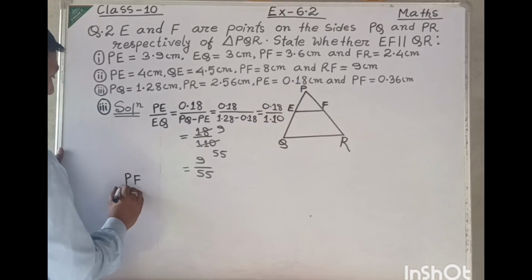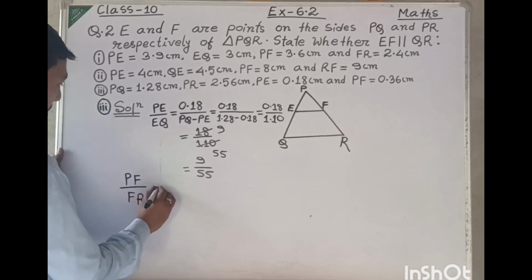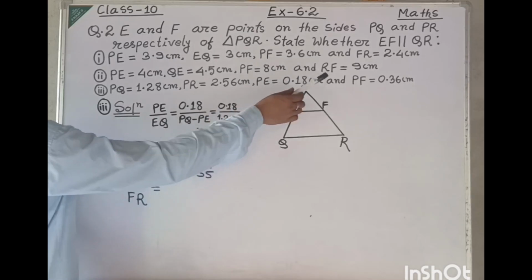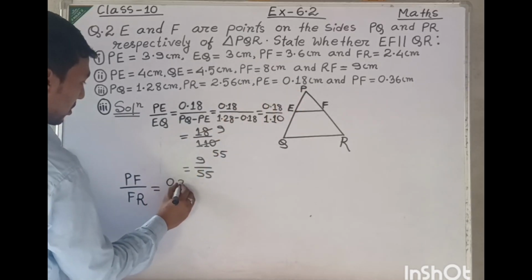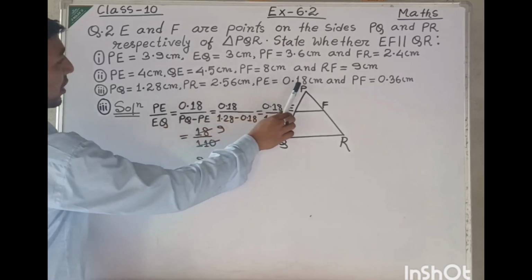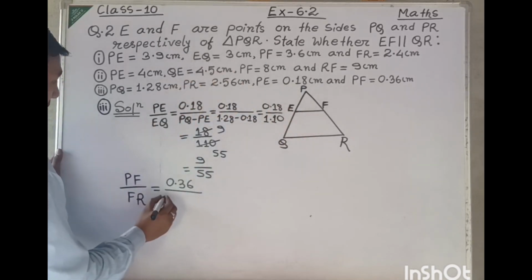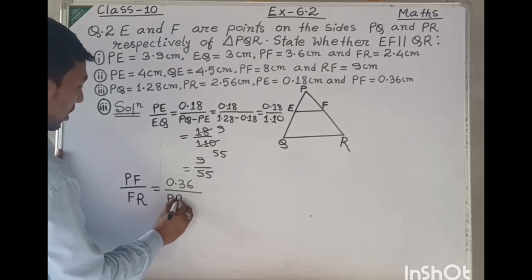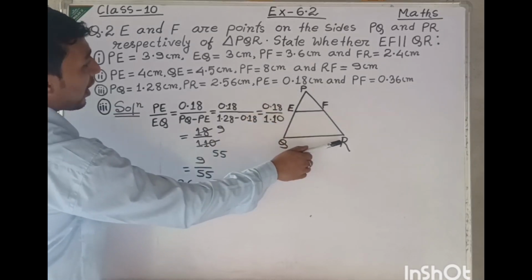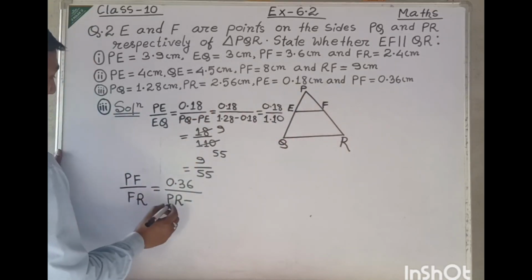PF by FR. The PF value given here is 0.36, so write as it is. FR is not given here, but total PR is given. So PR minus PF, if you do this, then you will get the FR value.